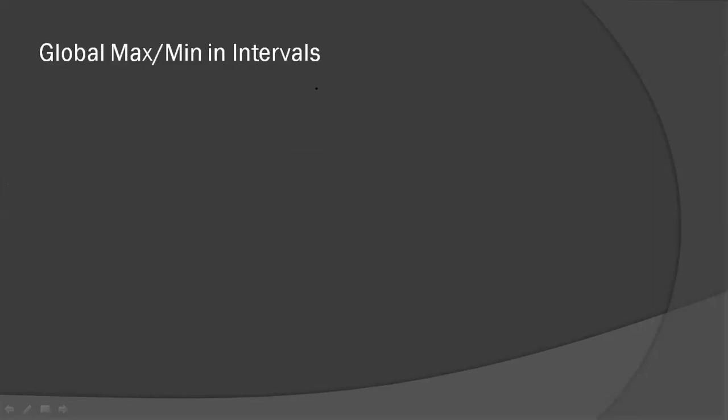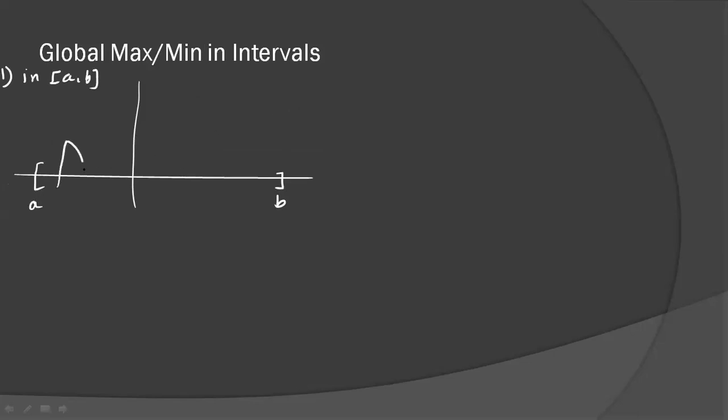Let's see in some intervals. Suppose a function f(x) is defined in the closed interval a comma b. Case 1: closed interval a comma b. If the graph of the function looks like this, these are points of maxima, and there are some values at a and b also.